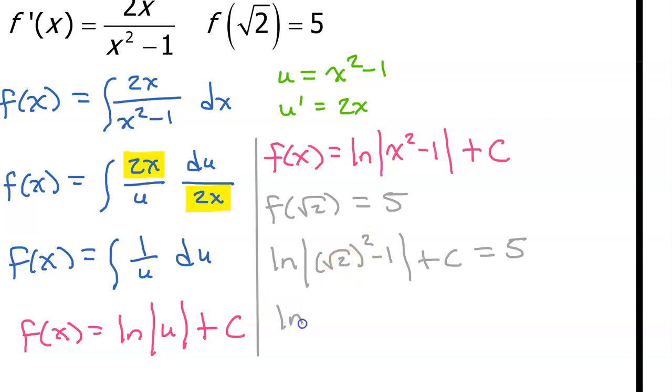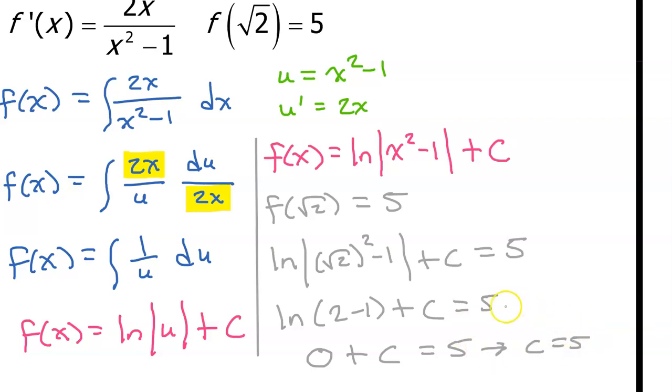So now we have the natural log of 2 minus 1 plus c is equal to 5. 2 minus 1 is 1. So this is the natural log of 1, which hopefully you know to be 0. So I have 0 plus c is equal to 5. So in other words, c is equal to 5.